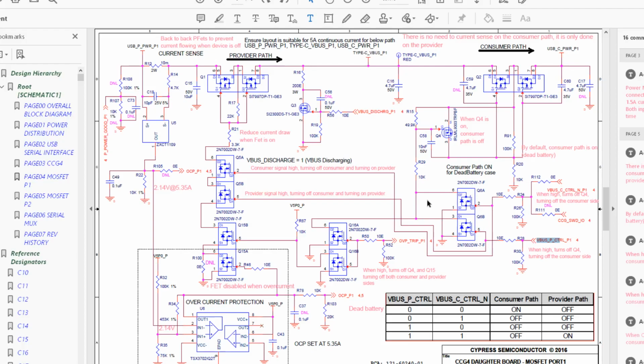Now this FET, and let's not talk about this FET, let's talk about these resistors. So by default, the consumer path is on. Because the voltage here, let's say you've got 20 volts available to you. So you get 20 volts here. And this capacitor charges up slowly, not a problem.